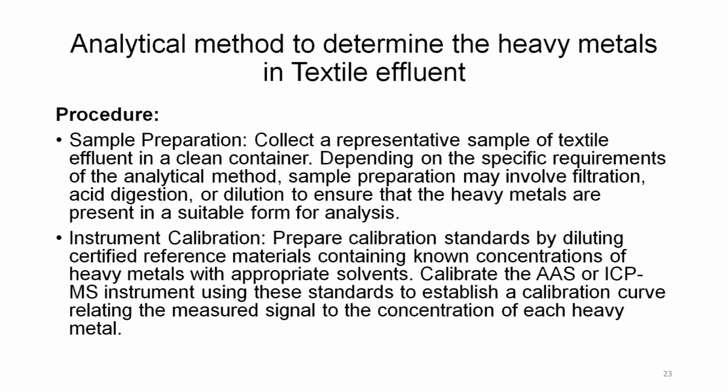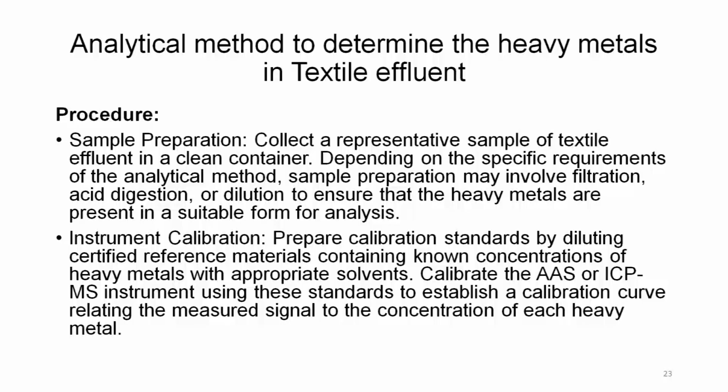Now, this is a very crucial stage because the metal has to solubilize first and should be at a dilution level where it can be identified and quantified correctly. If it is too concentrated a solution, the results may go haywire. Therefore, sample preparation becomes very crucial.